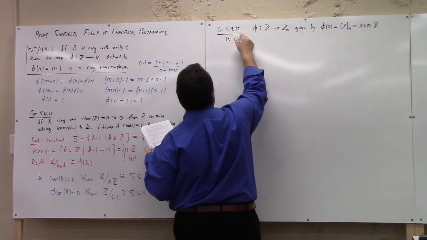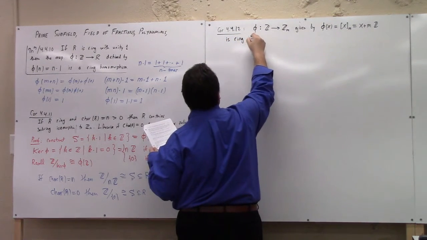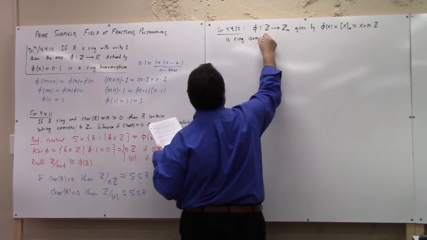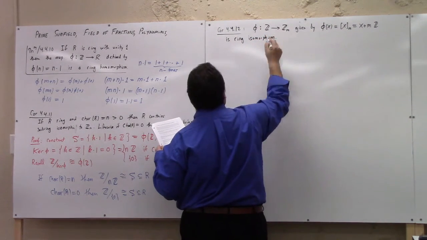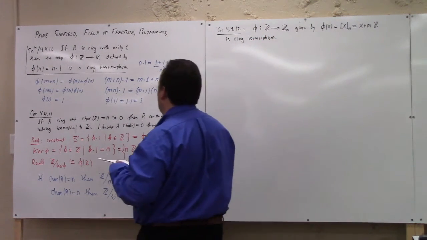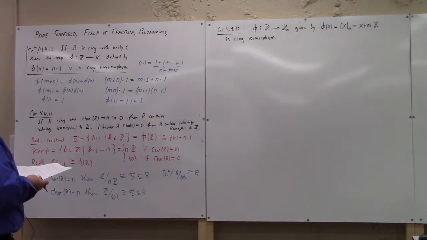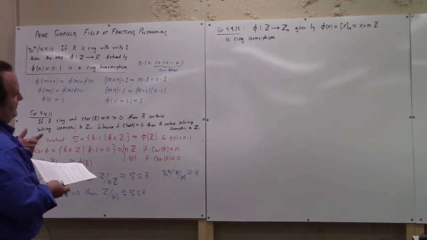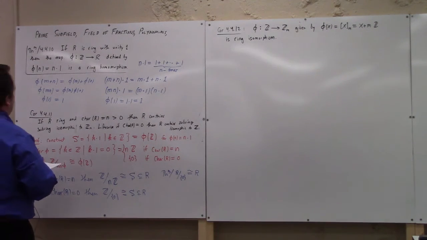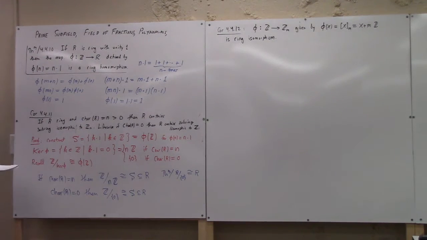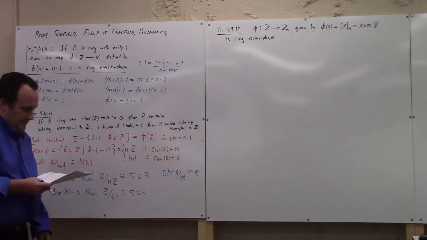Now, we already know this, actually. I've told you this before. But I suppose the point of this corollary is to say, hey, by the way, this ring homomorphism is also an example of the construction of theorem 4.4.10. That's all it's saying.